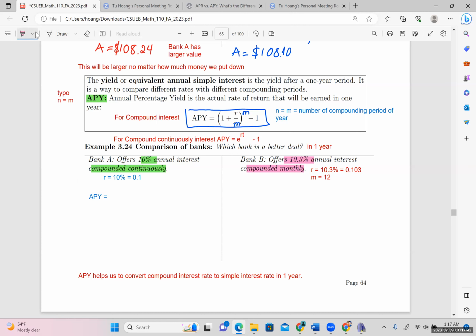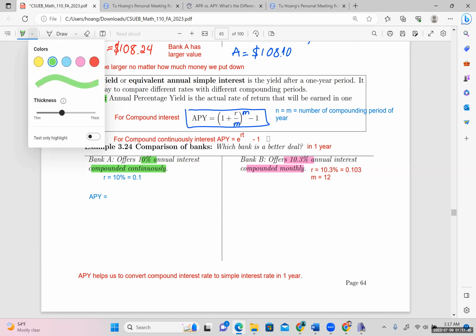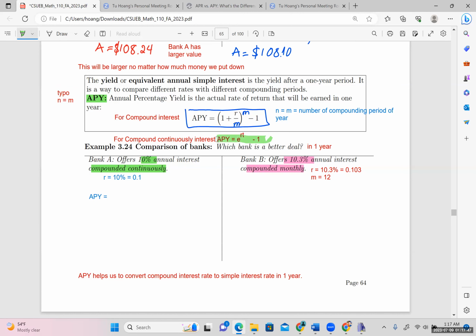So APY will be equal to e raised to the power RT and then minus 1, right? So what is that? e raised to the power 0.1 times T, where T was 1.